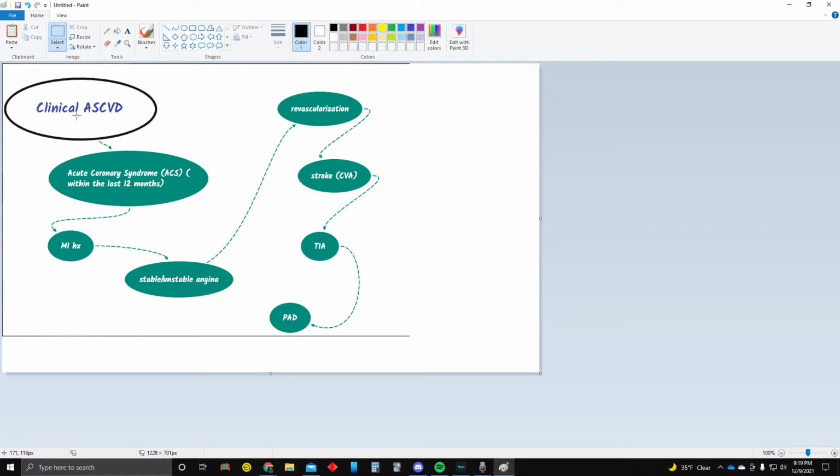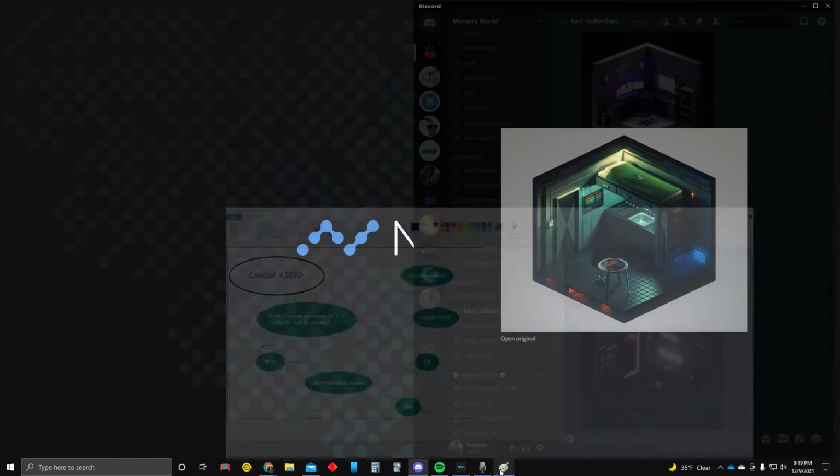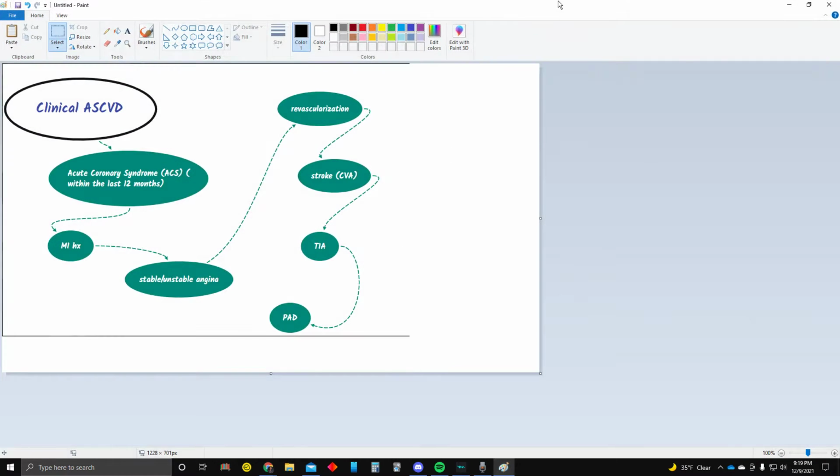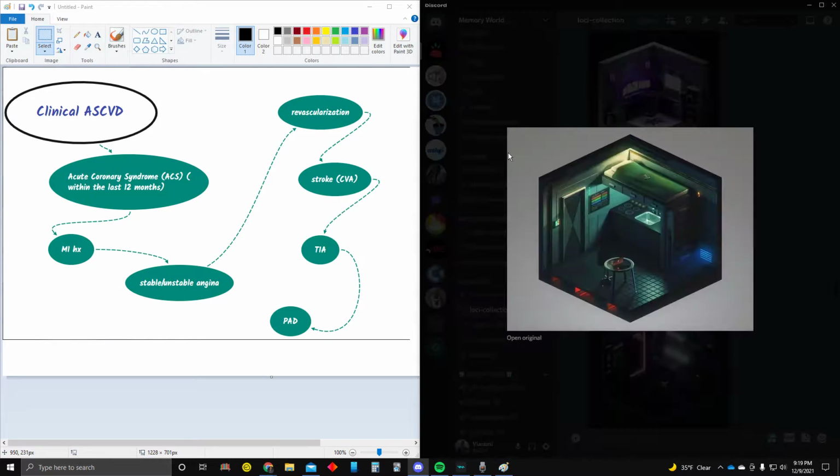So first we know it's clinical ASCVD just because we're rearranging letters on that board. I know it's a bit of a stretch, but work with me here. So looking at clinical ASCVD, we have acute coronary syndrome because he's cleaning the core of his suit over here.